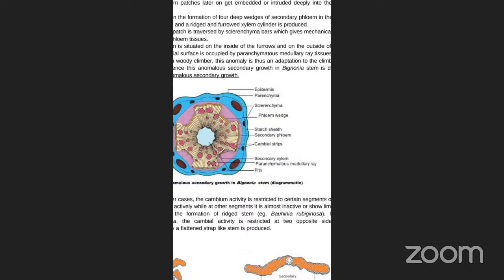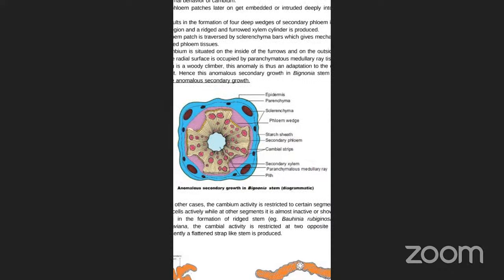The accessory ring of cambia is formed secondarily, which continues the secondary growth. The abnormal cambia generally originate in the cortex region. Next is the epidermis, then the cortex.